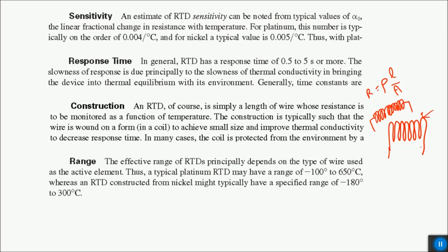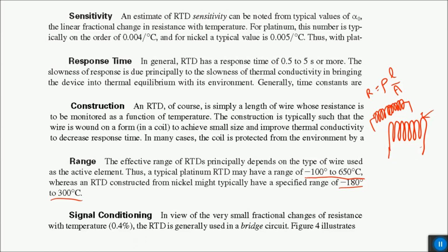So a typical platinum based RTD may have a range of varying temperature from negative 100 degrees to positive 650 degrees Celsius, whereas an RTD constructed from nickel might have a specified range of minus 180 to 300 degrees. Beyond these specified ranges for these specific materials, the material properties will change, and they cannot bear more temperature or less temperature than the specified range.